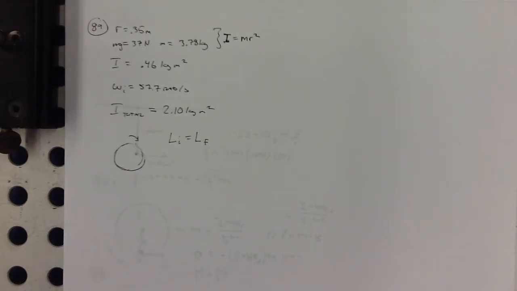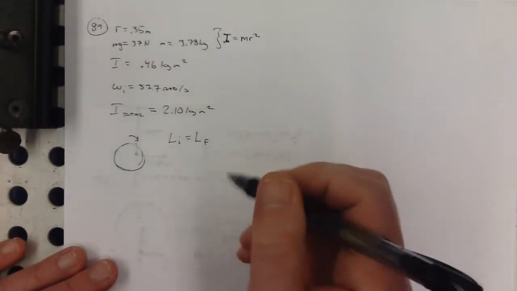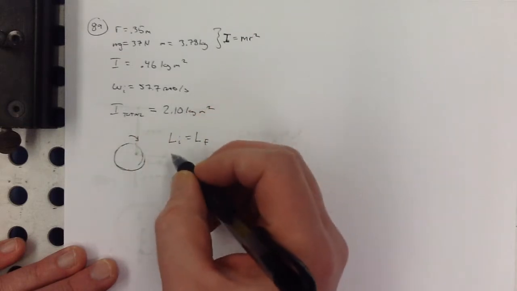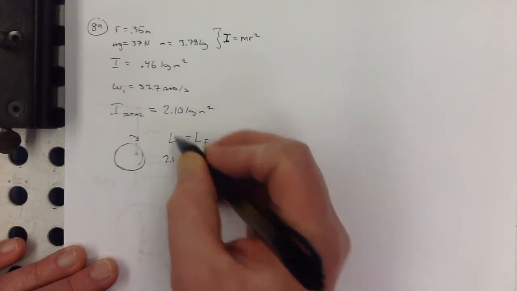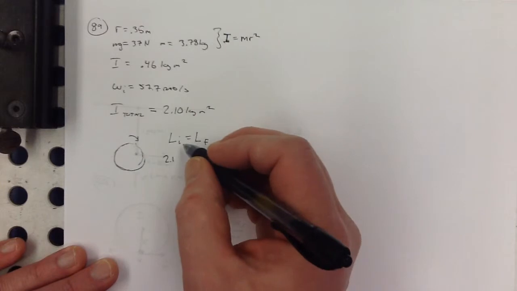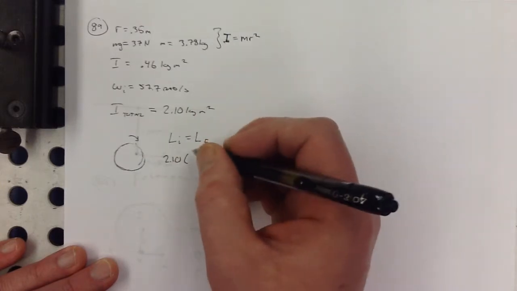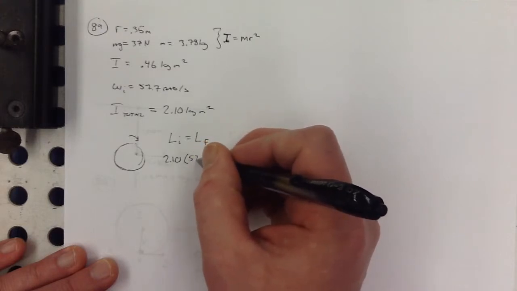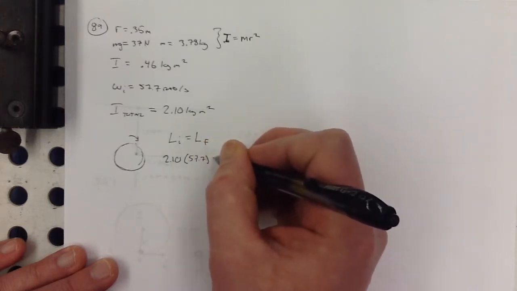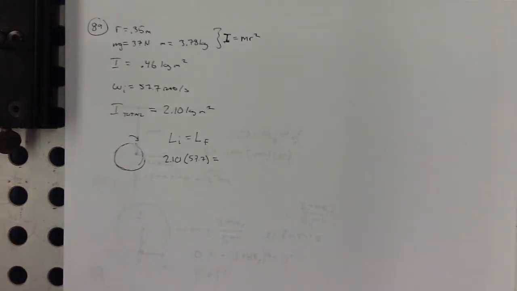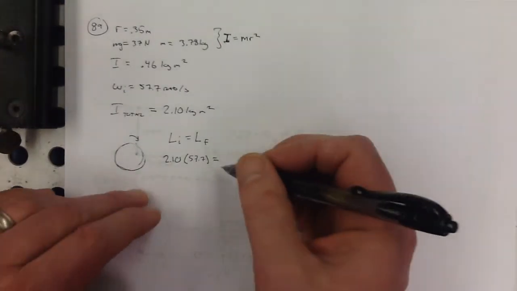So before, the whole system is rotating at an angular velocity of 57.7. So I omega, that's the initial angular momentum, and we want to find what is the angular speed and direction of the rotation afterwards.